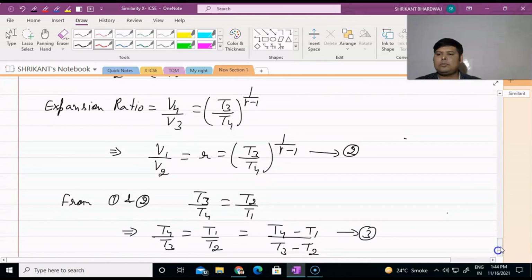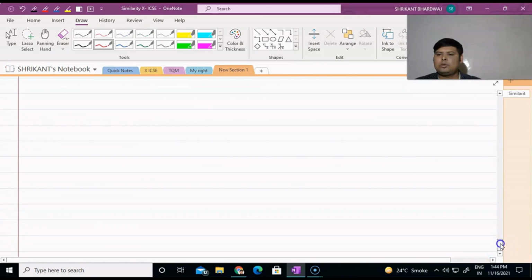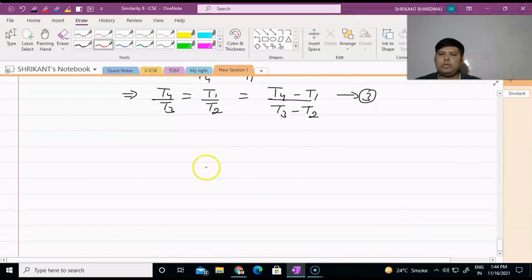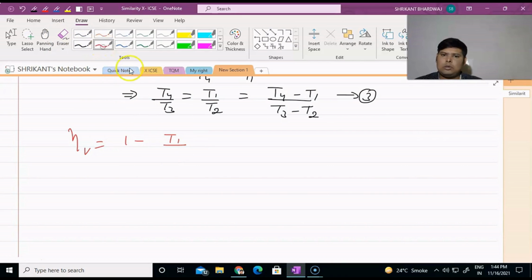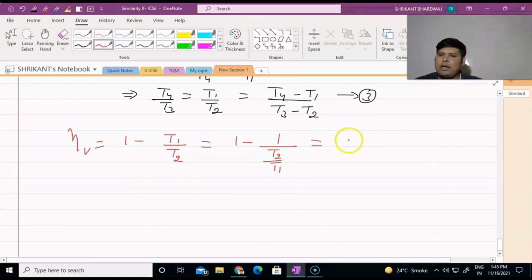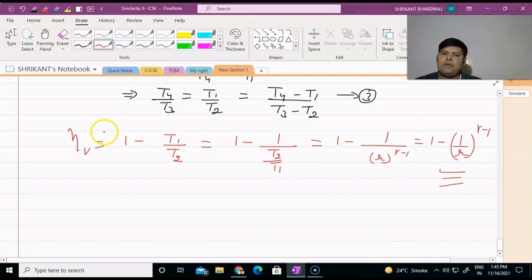So putting this value, efficiency of Otto cycle is 1 minus T1 by T2, which is equal to 1 minus 1 upon T2 by T1, and it is equal to 1 minus 1 upon r raised to the power gamma minus 1. So this is the efficiency of an Otto cycle.